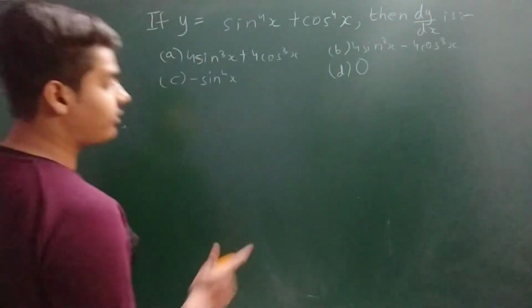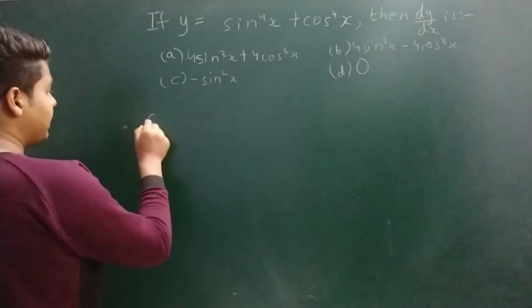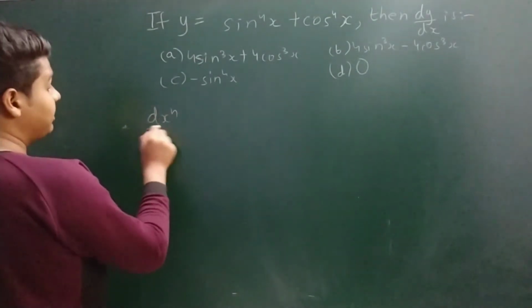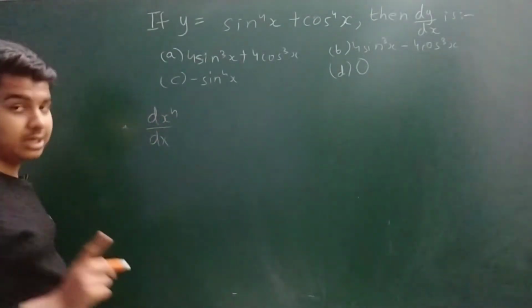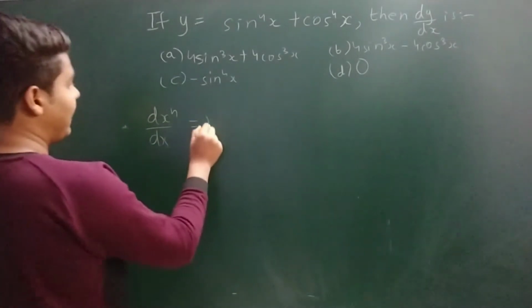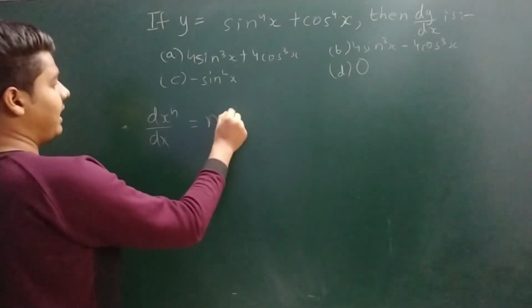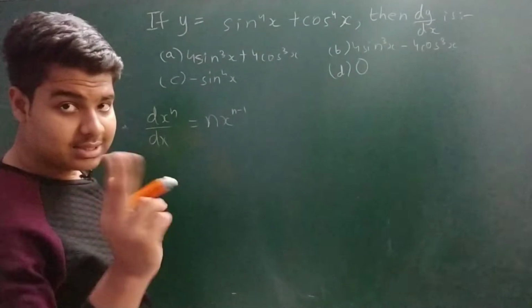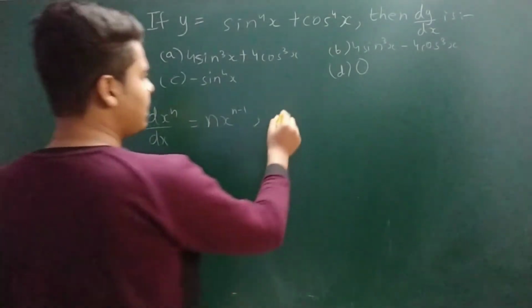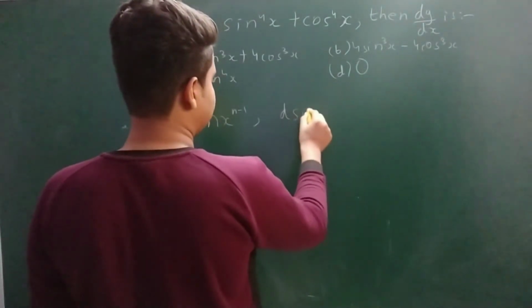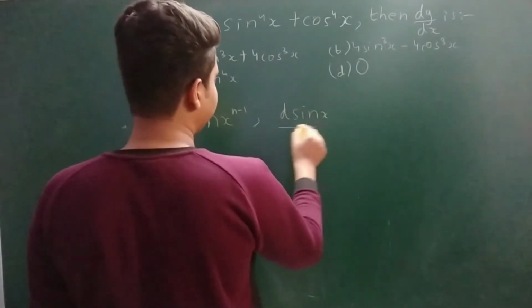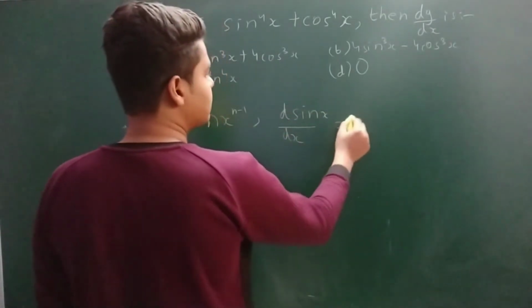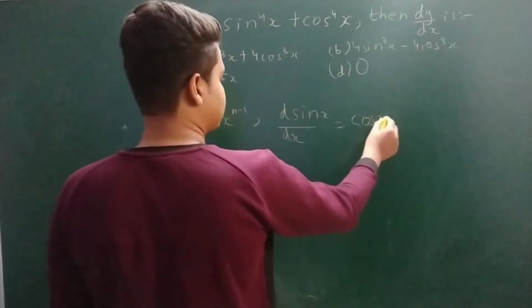Before we solve this question, let me just give you a few tips on differentiation. The first tip is d of x to the power n with respect to dx, when differentiated, is n x to the power n minus 1. The second tip is differentiation of sin x with respect to x is always cos x.